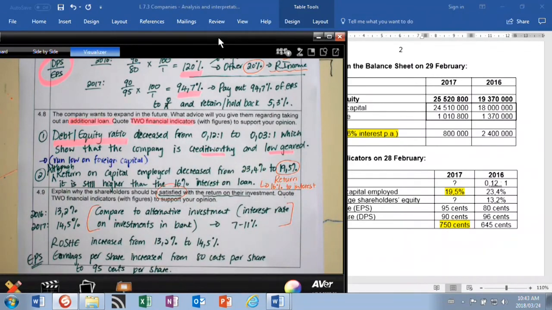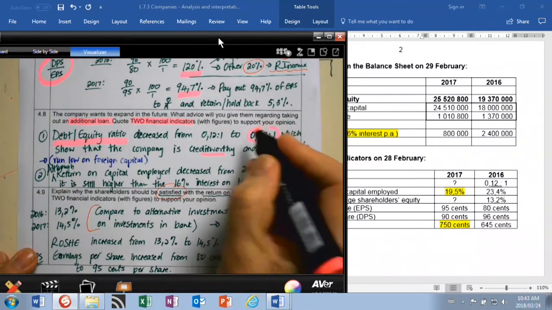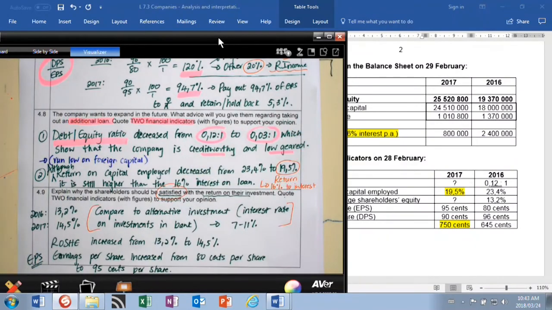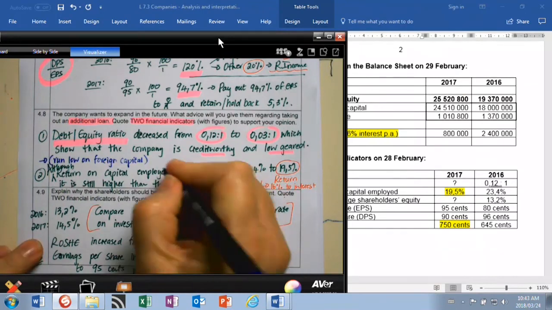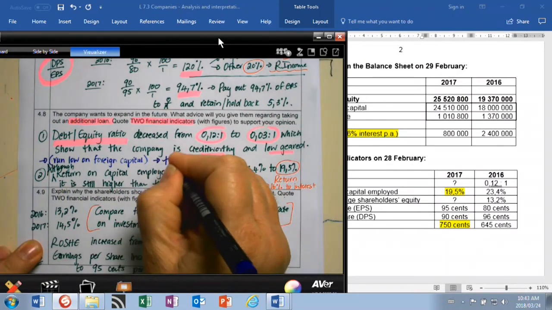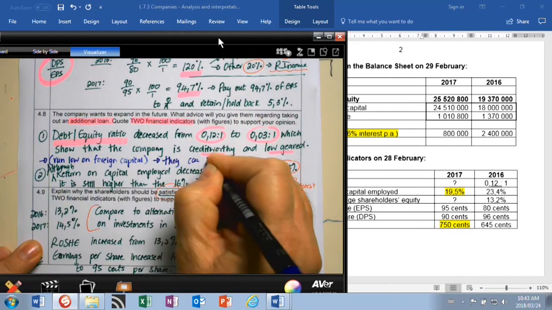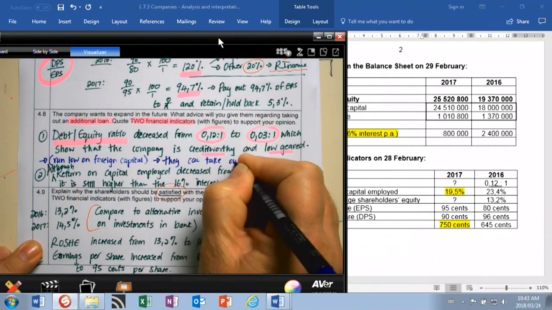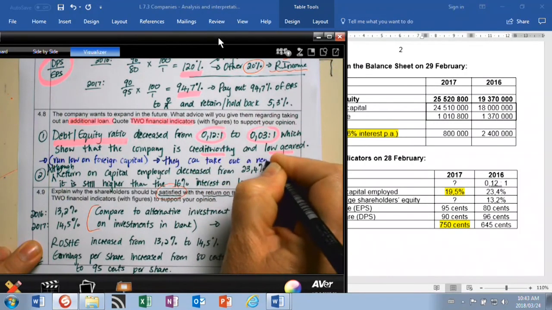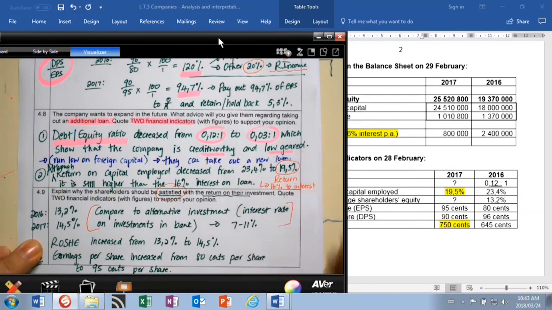This is very good. This is very, very good. Both of them are very good. So they run low on foreign capital. So at the end of the day, you can say they can take out a new loan. They are more than welcome.